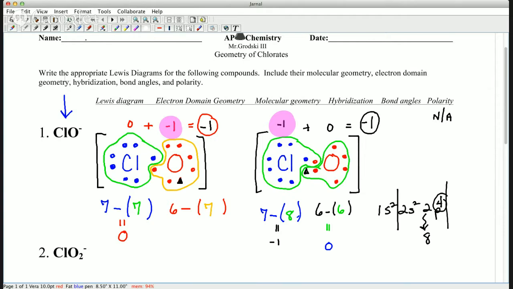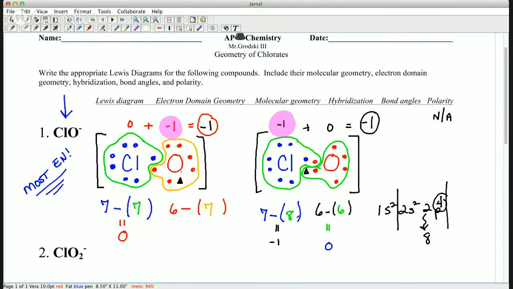So if you're going to have negative numbers, and negative numbers tell me that compounds are gaining an electron from another element, it would make sense that the -1 would be on the most electronegative element. So if you have to have negatives, the negatives should be on the most electronegative atom.